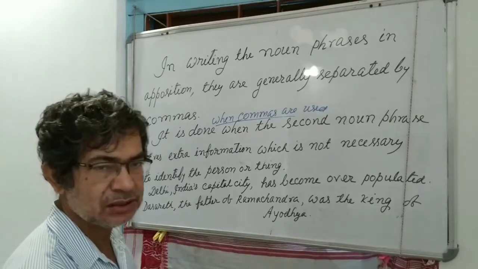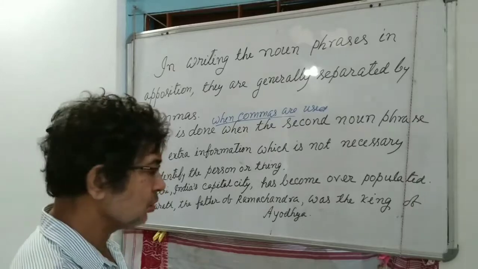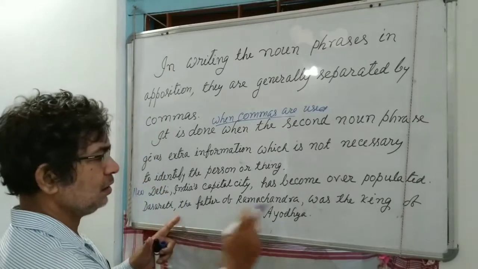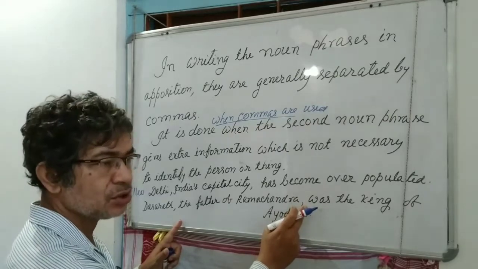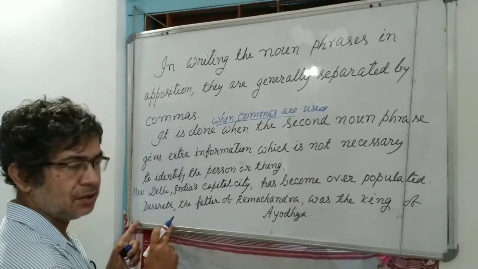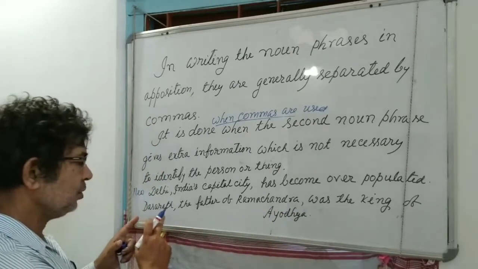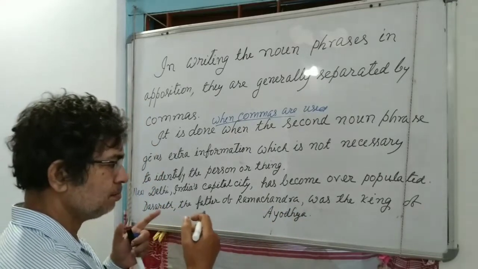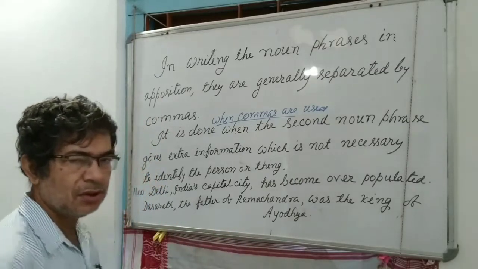It is not necessary to explain to identify him. So this noun phrase is used as extra information, not to identify Dasarath. That's why we use commas here. So our sentence will be: Dasarath, comma, the father of Ramachandra, comma, was the king of Ajodhya.